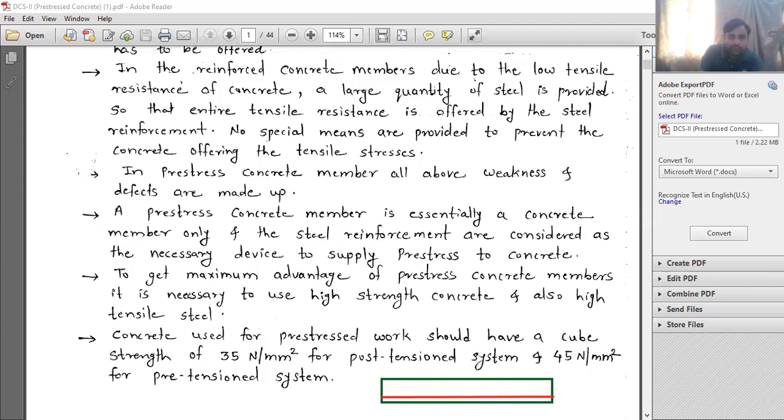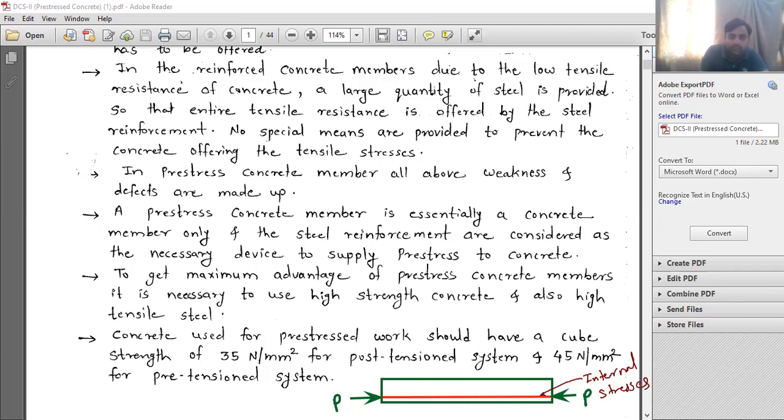What we generally do is apply the prestress force P over here. Now the internal stresses you can see over here, first in the steel bar. Here in the steel bar, the internal stresses are getting developed or introduced.